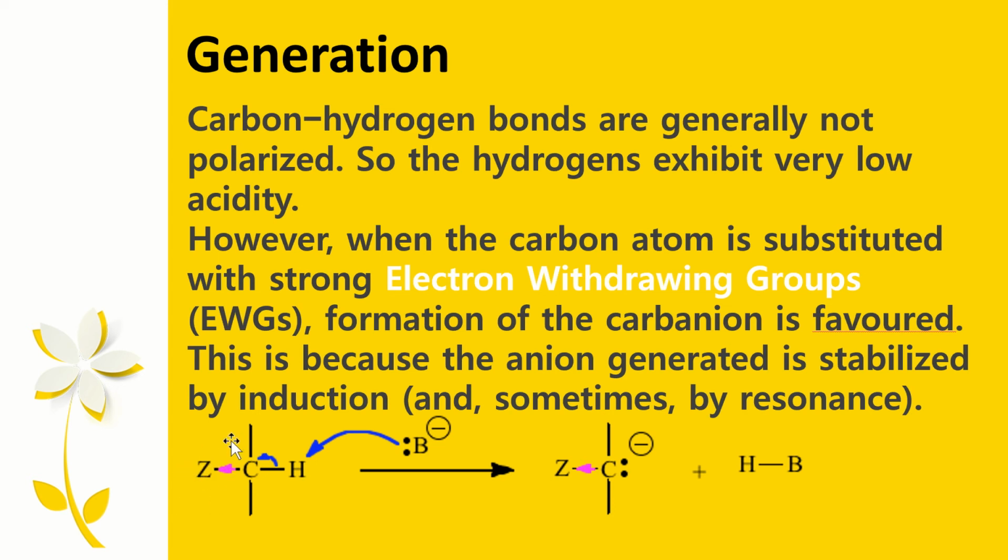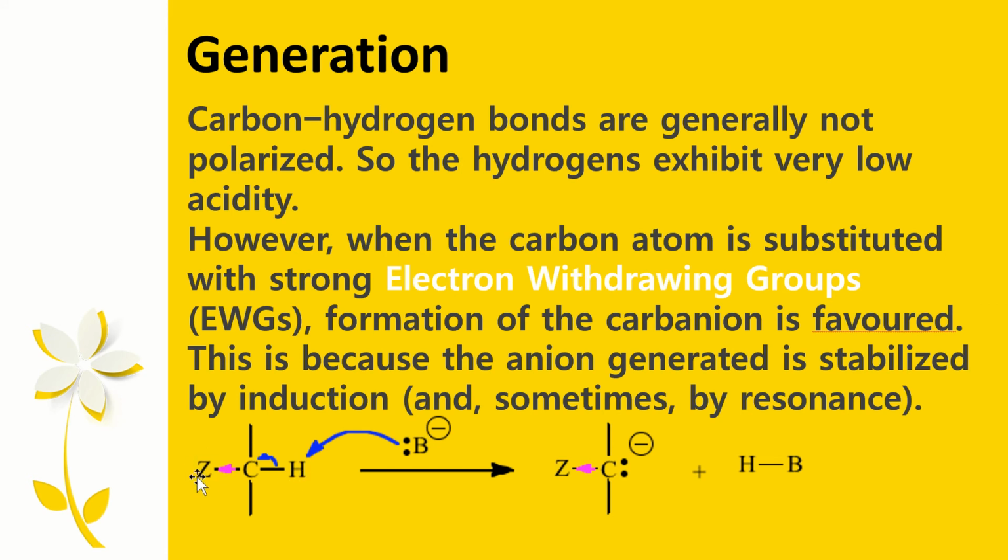Because Z is electron withdrawing, it will pull electrons to itself and therefore weaken this carbon-hydrogen bond, which we usually wouldn't consider to be acidic, meaning we wouldn't expect this hydrogen to be liberated easily.